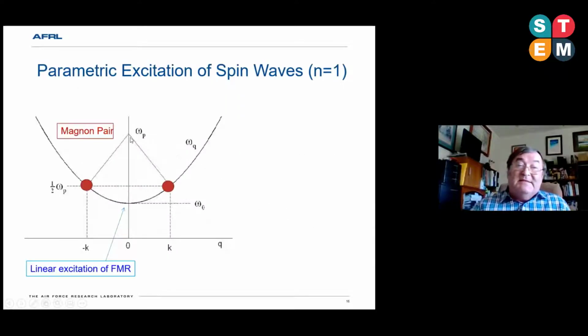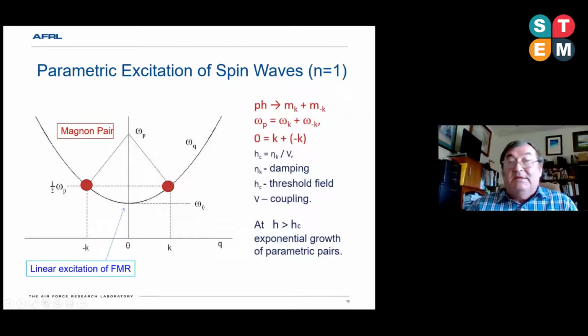And this is just a figure demonstrating it. This is frequency versus k. We apply frequency at this point, and we excite two spin waves with half the frequency, moving in opposite directions.